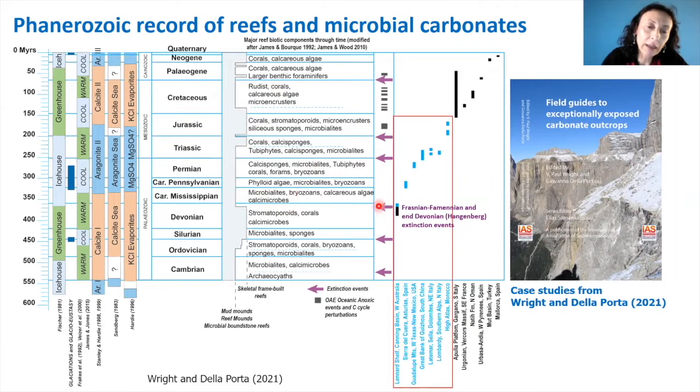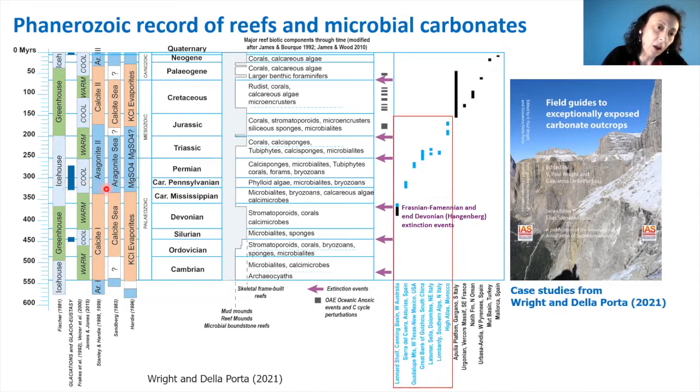Microbial carbonates were associated with various skeletal biota such as bryozoa, algae, sponges, and foraminifera.